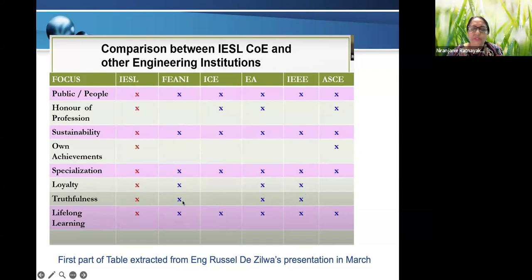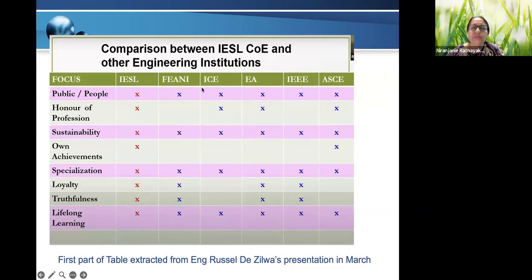Truthfulness, it's not that these people are not concerned about it; apparently it's not stated specifically as a clause. So that is stated in IESL, FIANI, Engineers Australia, and IEEE. And lifelong learning is there in all.